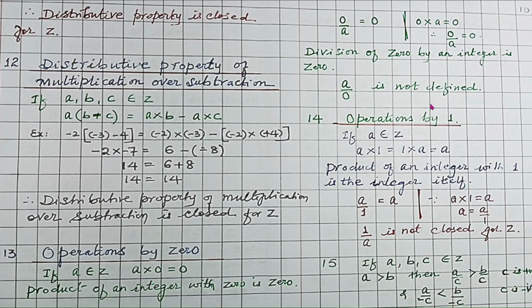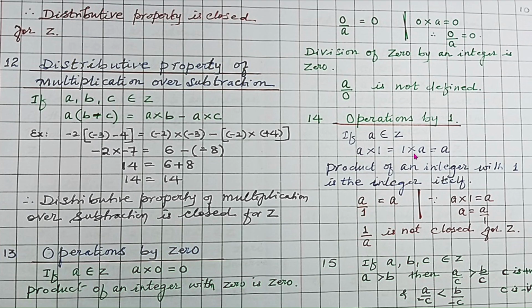Please remember that. But when I divide an integer by 0, it is not defined, because we get a value which is totally undefined, which is very clear to us. Therefore 0 divided by a is 0 is defined, a divided by 0 is not defined. Please remember that. Operations by 1. You know that a into 1 is equal to 1 into a is equal to a.